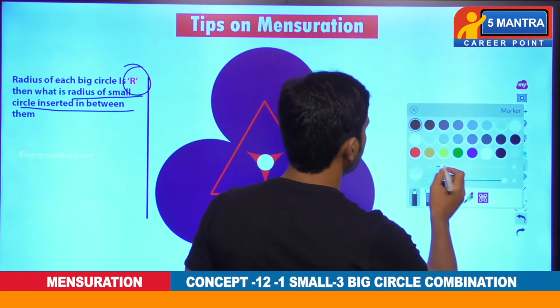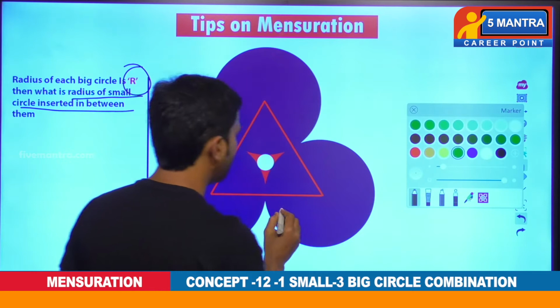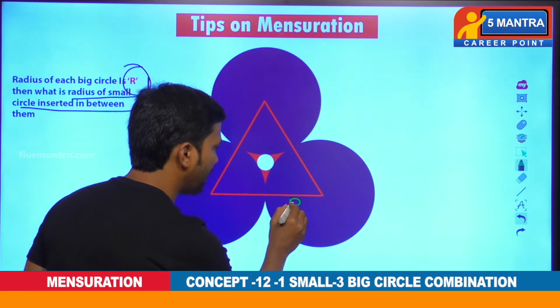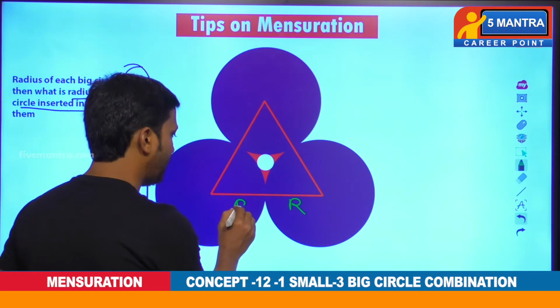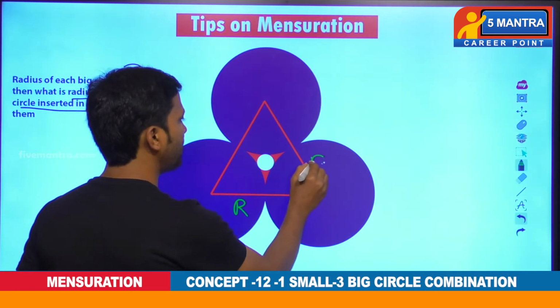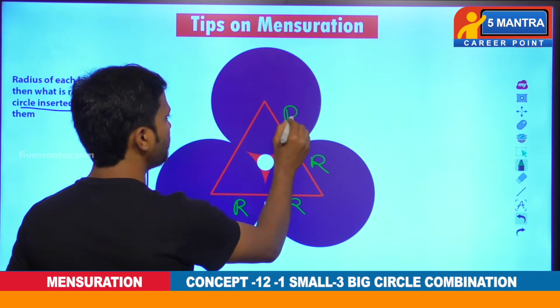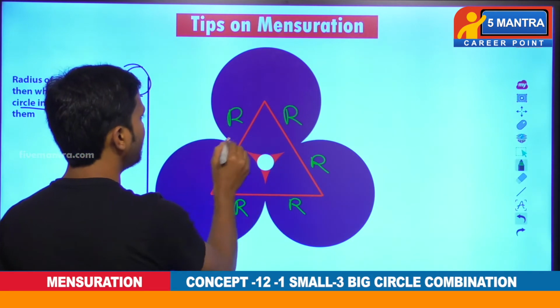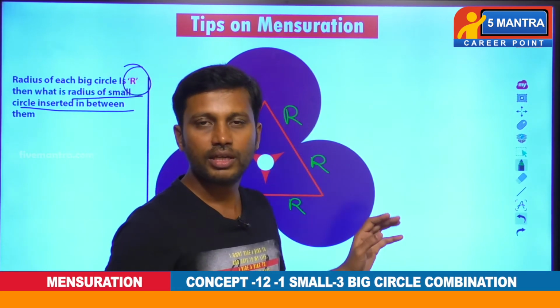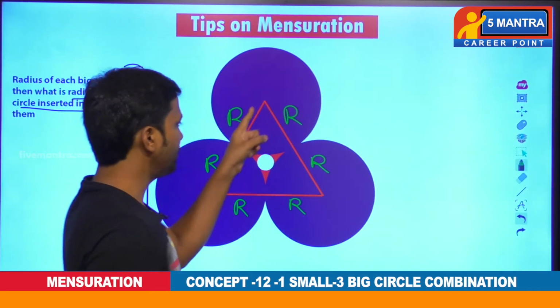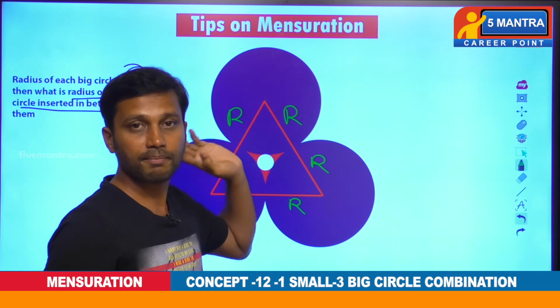For this it is capital R as given in the question, and this would be capital R, and this would be capital R. All the radii are equal. That's the reason this is an equilateral triangle.